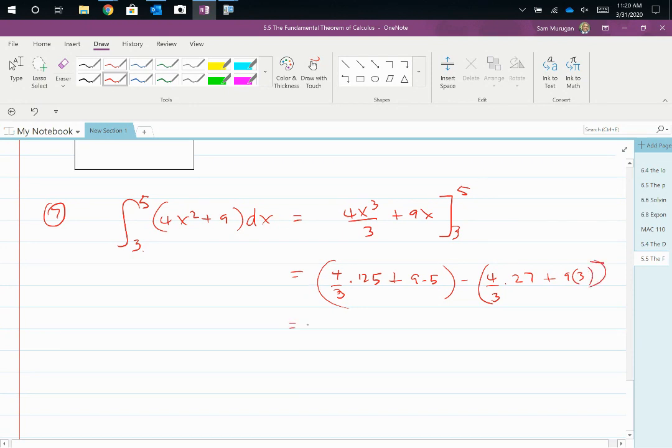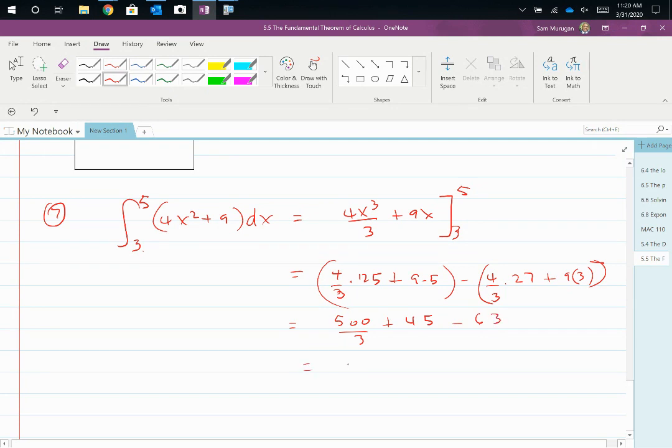So this is 500 over 3 plus 45, and then this part, 3 into 27 is 9, 9 fours are 36, plus 27, so minus 63.